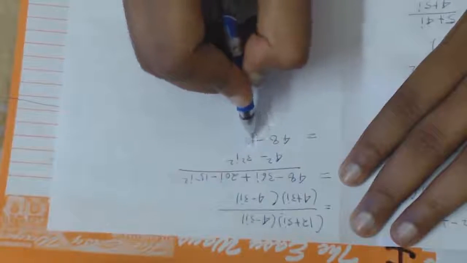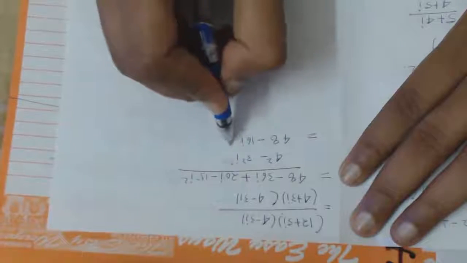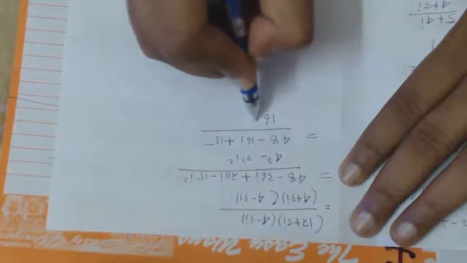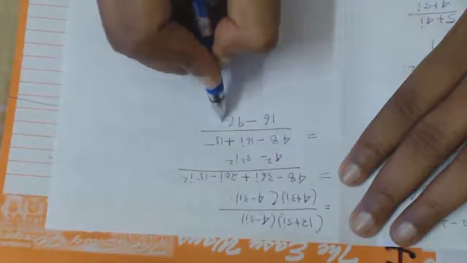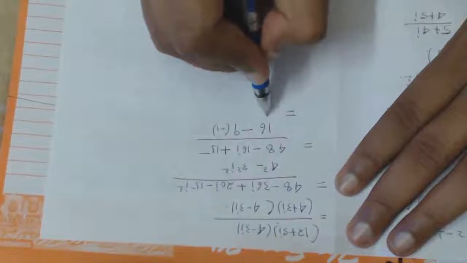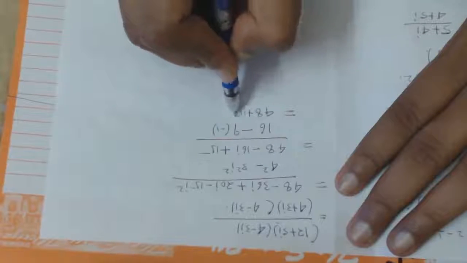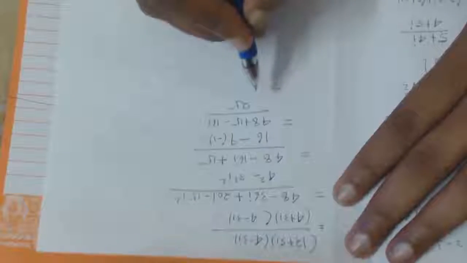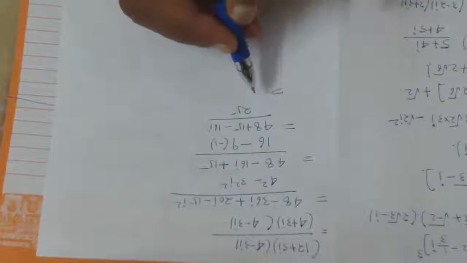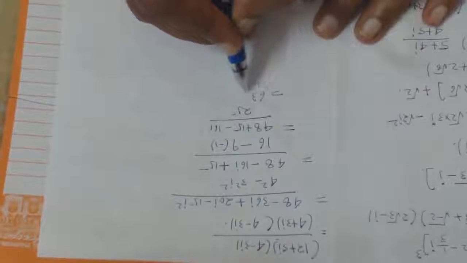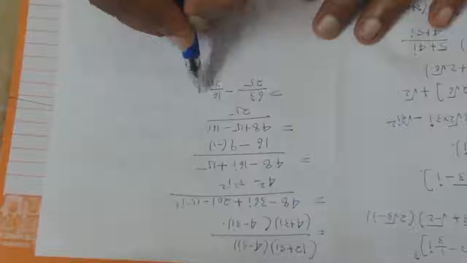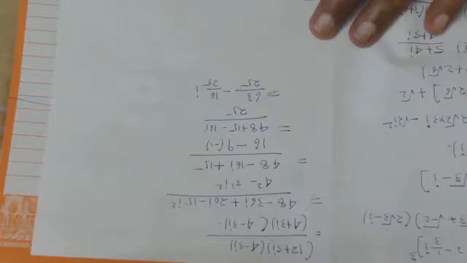This is 48 minus 16i plus 15 over 4 square, 16 minus 9 iota square, which is minus 1. 48 plus 15 minus 16i upon 25. 48 plus 15, 63. 63 over 25, minus 16 over 25 iota. This is standard form.